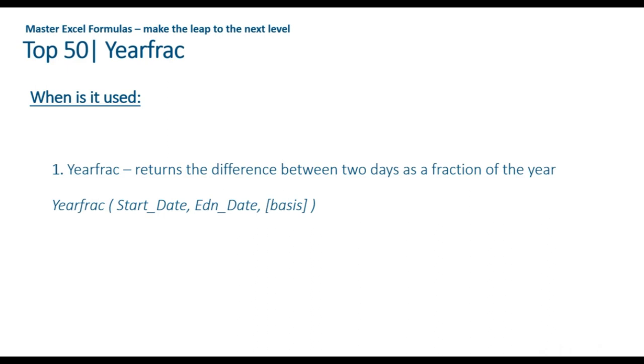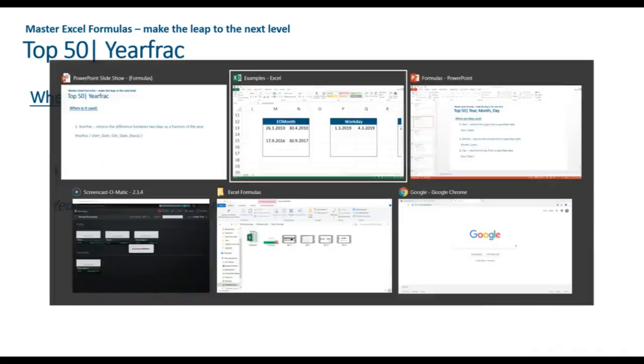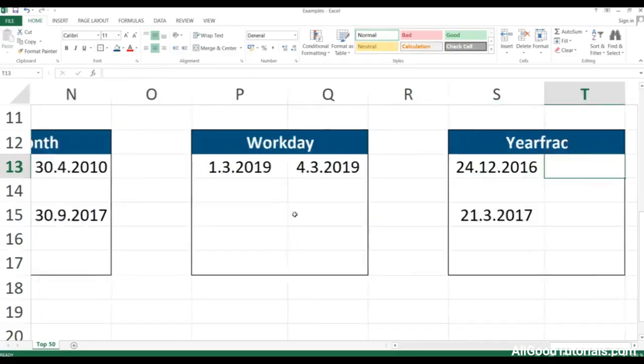I use this formula. What it does is purely return the difference between the 2 days as a fraction of the year. We have a start date, an end date, and then the basis, which is just an optional thing, but I'm going to show you that as well. The YEARFRAC is here.